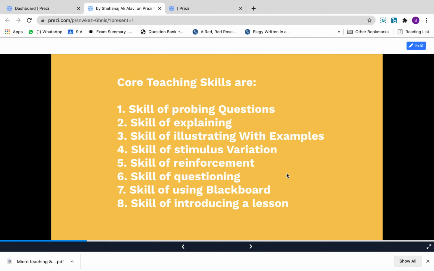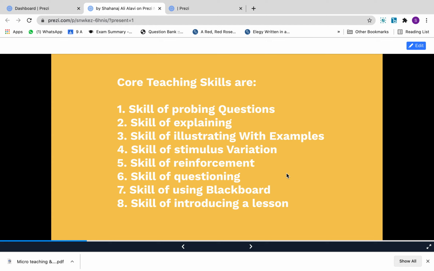That is very important. So every teacher must have the skill of explaining in order to reach their students, to convey whatever they want to reach their students. So they use the skill of explaining.